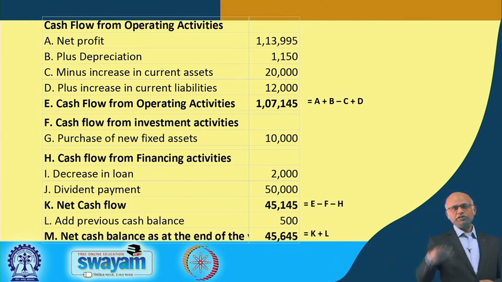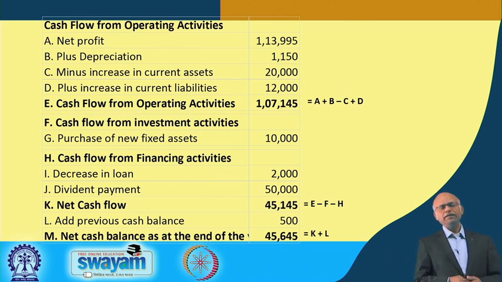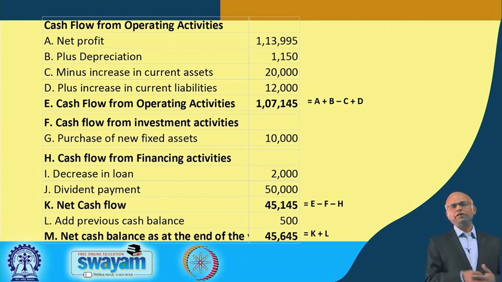Next year, suppose you estimate the total cash flow and you find that the net cash flow is plus 50,000. With that you will be adding this 45,645. So, 50,000 plus 45,645 will be 95,645 in the next year's cash balance.